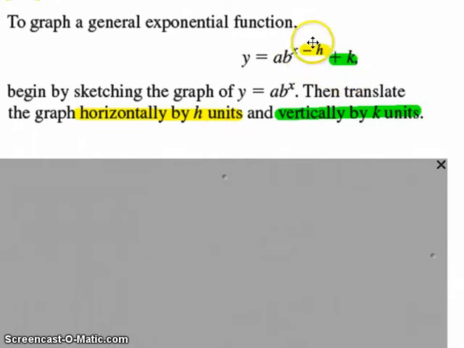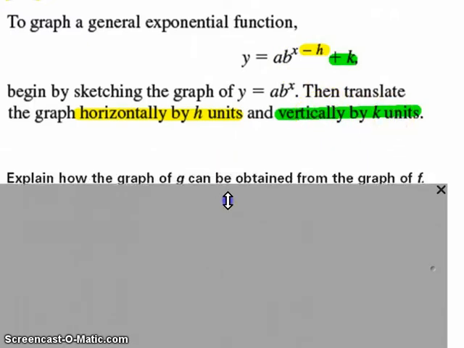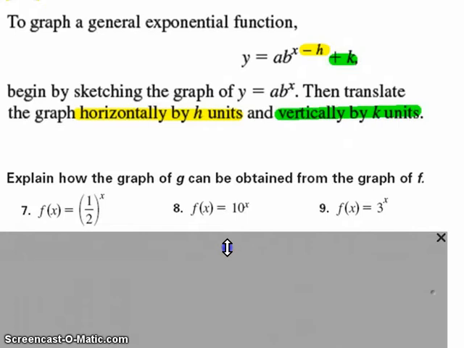Anything that you do to modify the exponent is going to move the graph horizontally. And anything you add or subtract outside of this term is going to move it vertically, just like it has before.